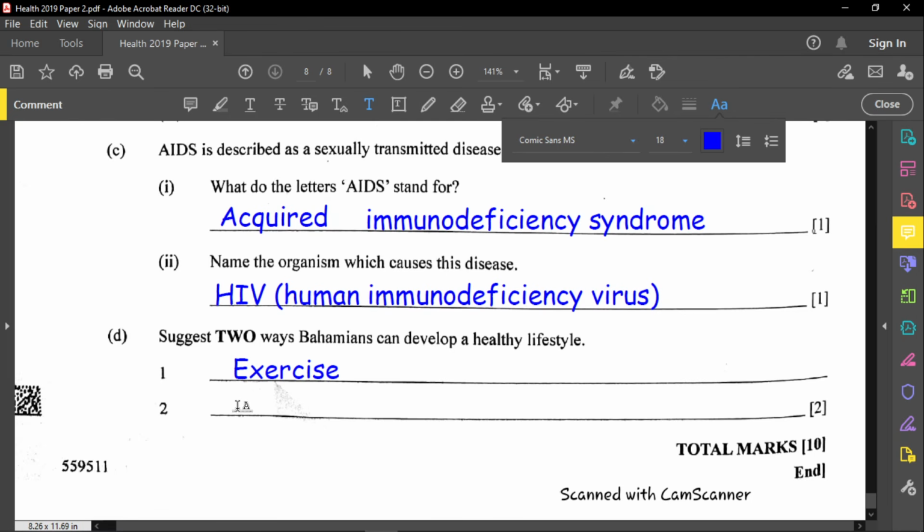And besides exercise, what you can do is have a healthy diet. In a healthy diet, you can make sure you eat things like your vegetables, your grains, your oatmeal, and so on. So you want to eat healthy.